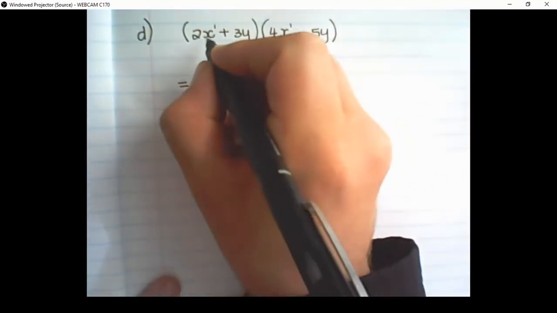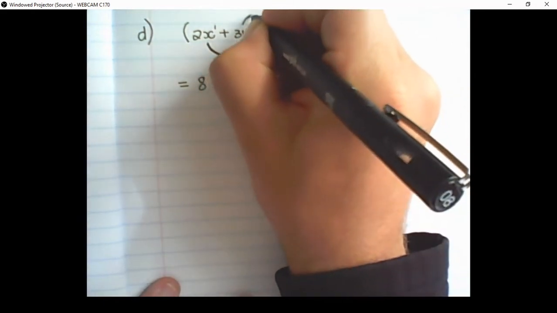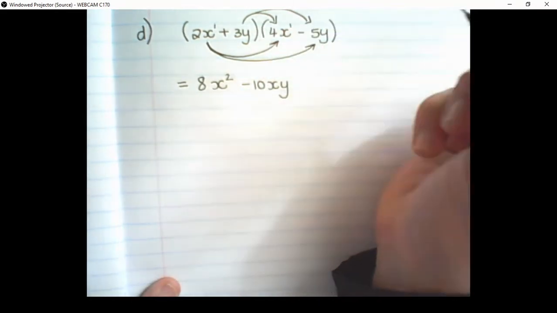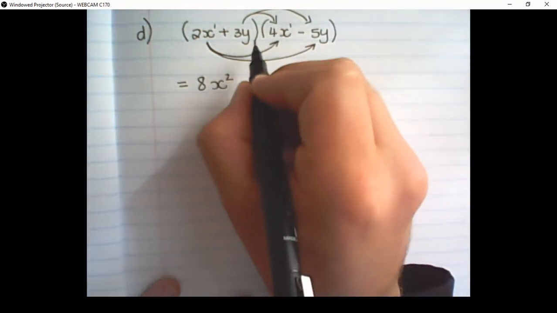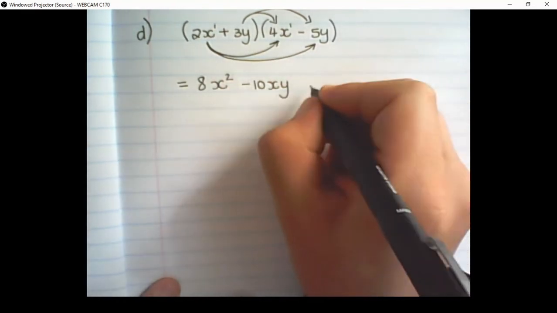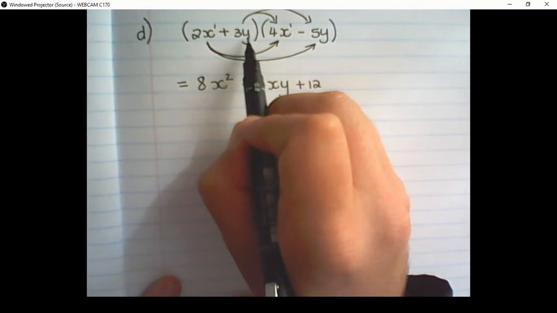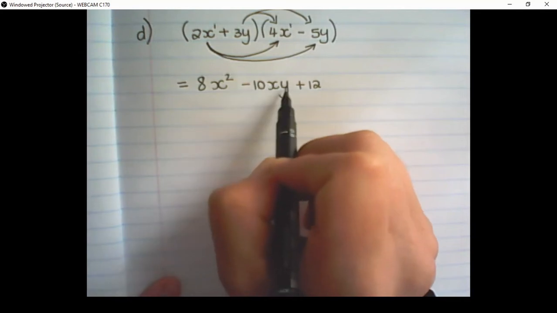Now that I've multiplied 2x with everything in that bracket, I move on to the 3y. So it will be 3y times 4x. So 3 times 4 will give us 12. And again, we have an x and a y as our variables. The same counts as with the negative 10xy.